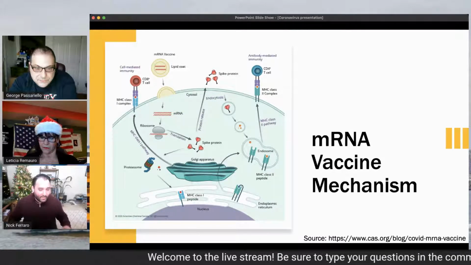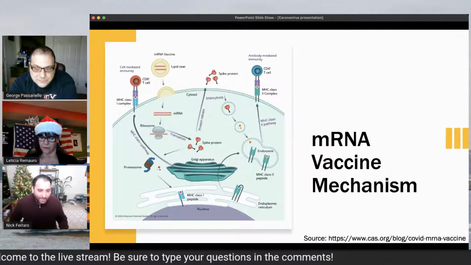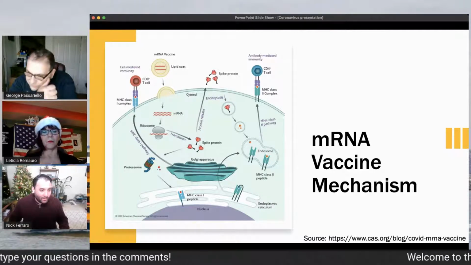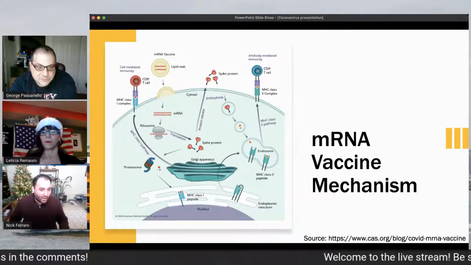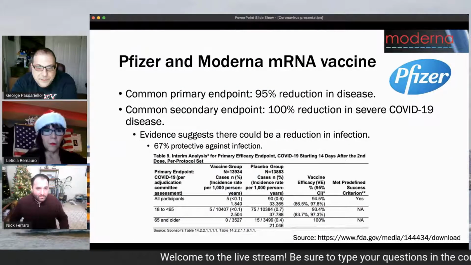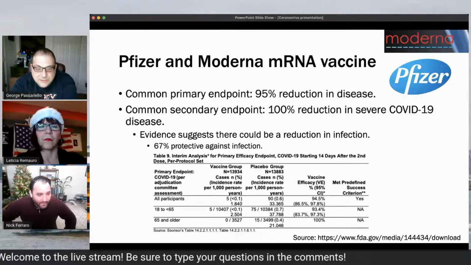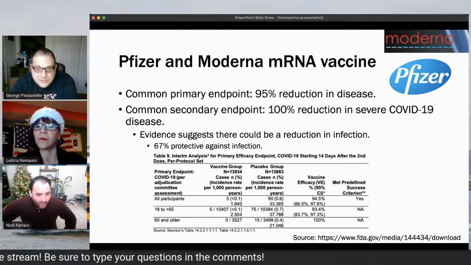And you build antibodies to it, which people who have taken the vaccine group has shown that they actually build more antibodies than people who had severe disease. So Pfizer and the Moderna, those are the two top vaccines that are now being distributed.